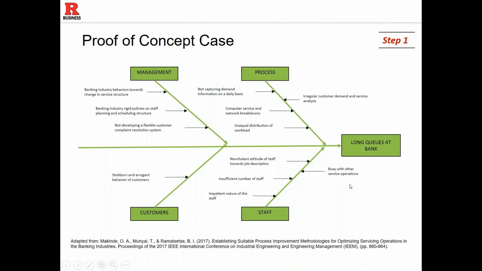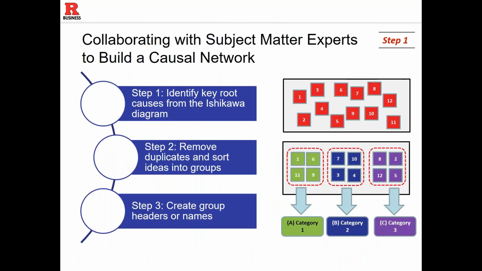So the first thing that we want to do, obviously, is identify those key root causes from the Ishikawa diagram. In this particular phase of the process, we're collaborating with the subject matter experts to build a causal network. In this case, we've identified the key root causes, which would be step 1.